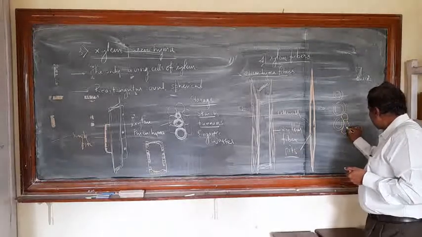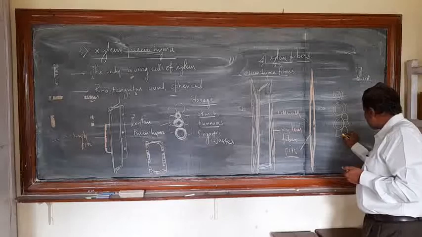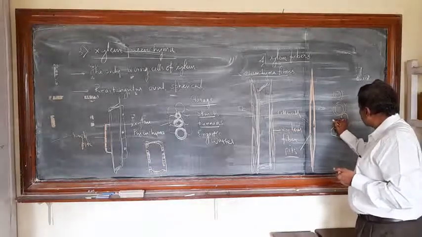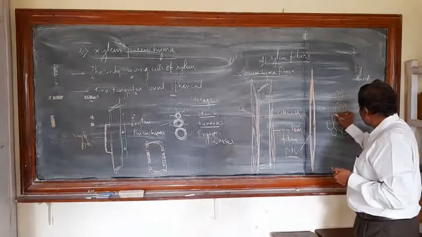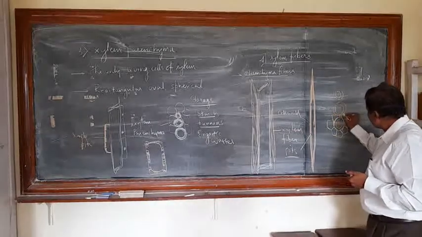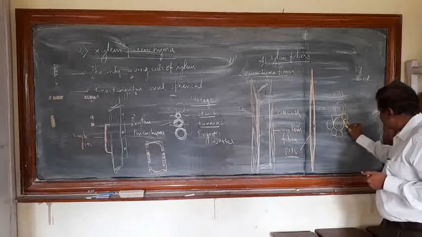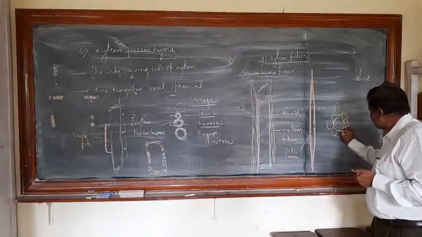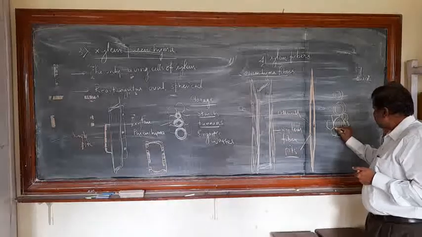These polygonal shaped, thick walled cells are usually referred to as what? They are usually referred to as sclerenchyma fibers.